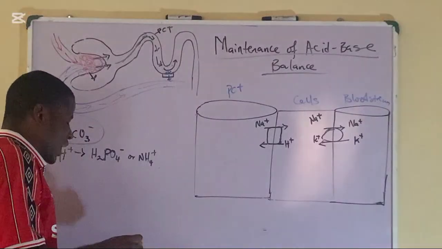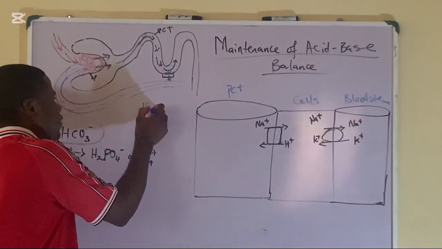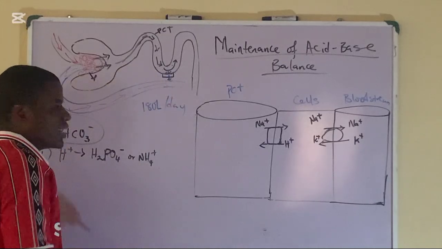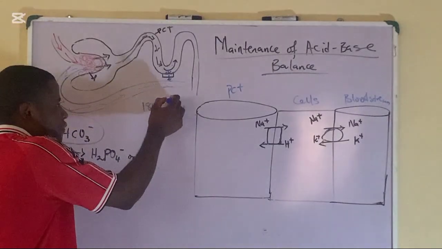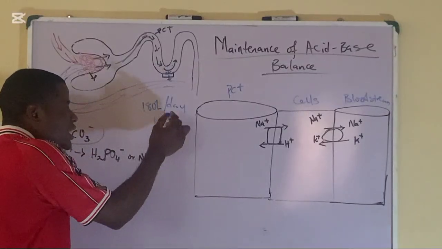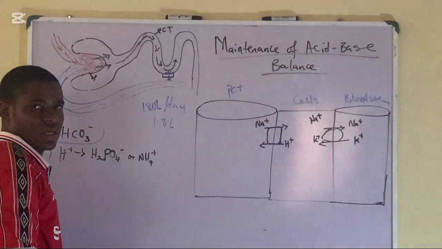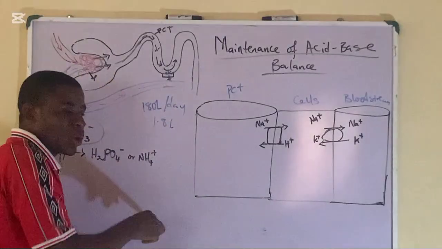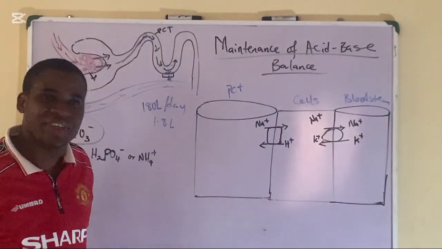Now we should know that we filter at least 180 liters of blood per day. And among these filtered substances, only 1.8 liters is taken as urine. Out of the 180 liters you are filtering, only 1.8 is released.